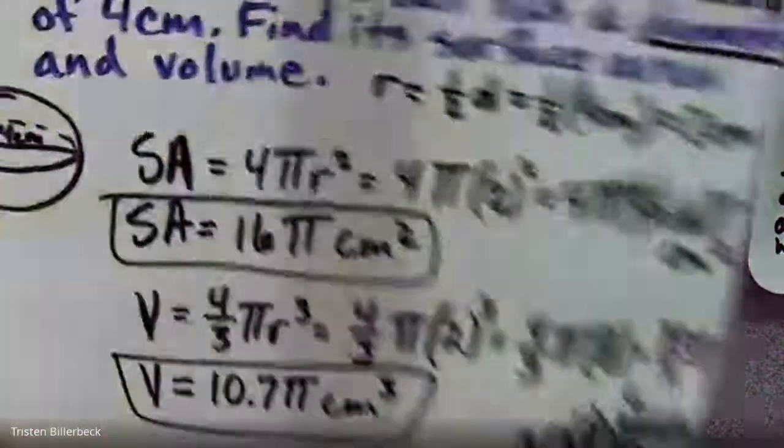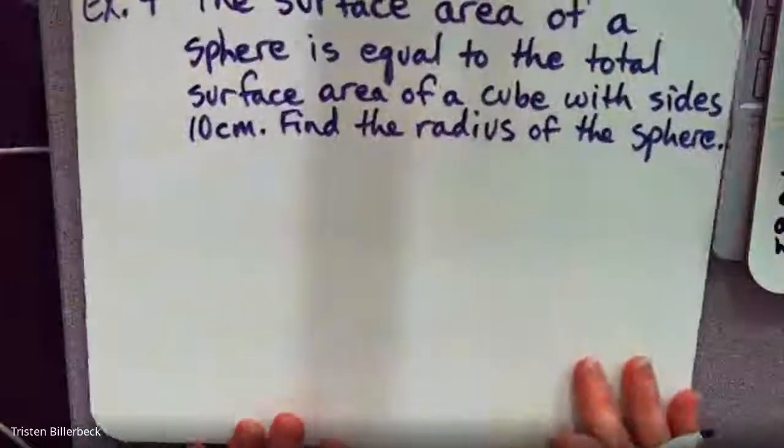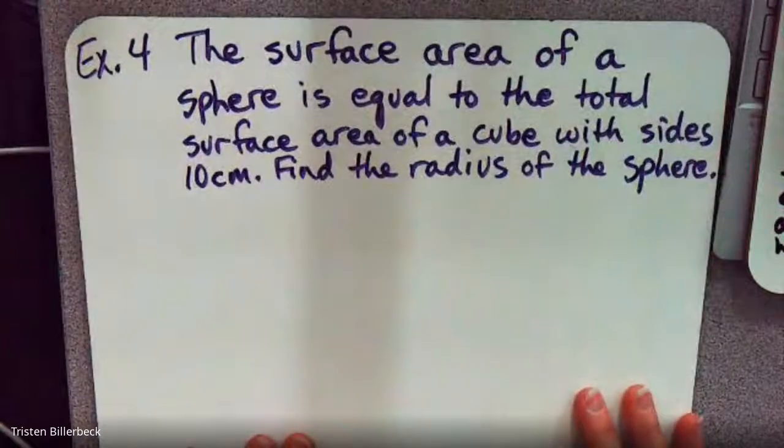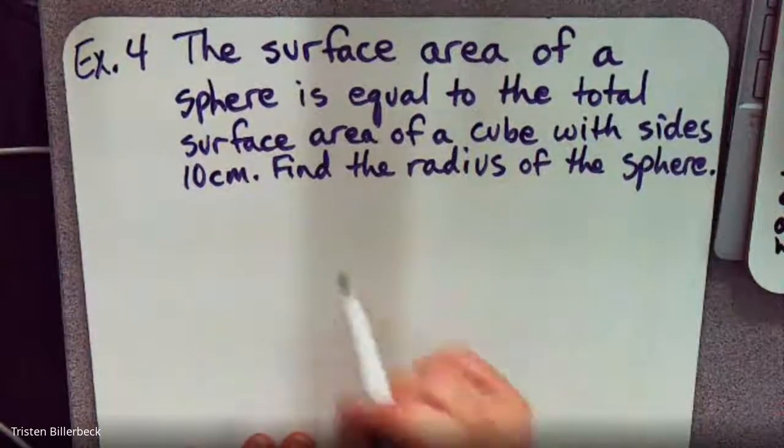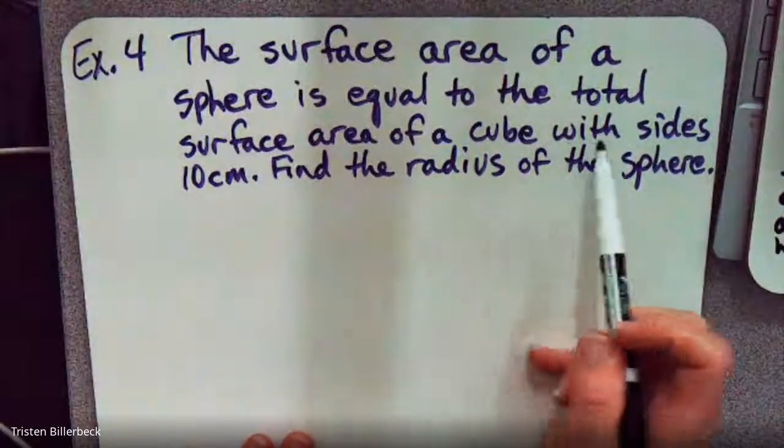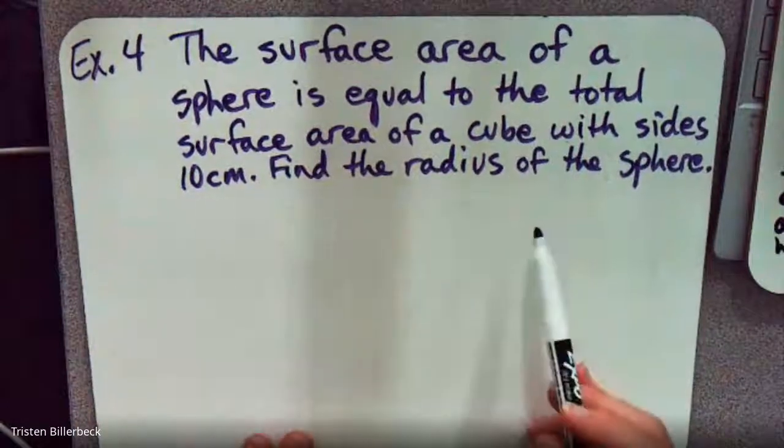All right, next example. The surface area of a sphere is equal to the total surface area of a cube with sides 10 centimeters.